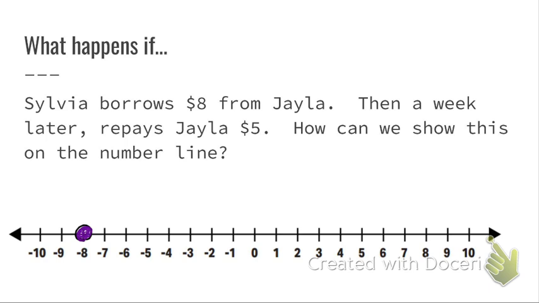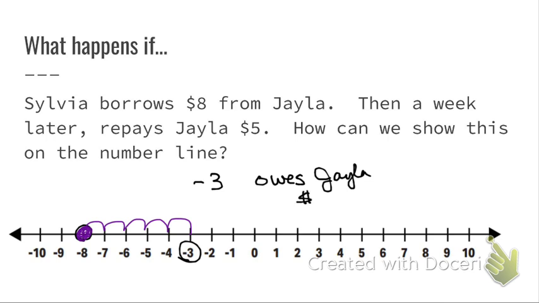So she's going to give her 1, 2, 3, 4, 5. So now we get negative 3, which means she still owes Jayla $3.